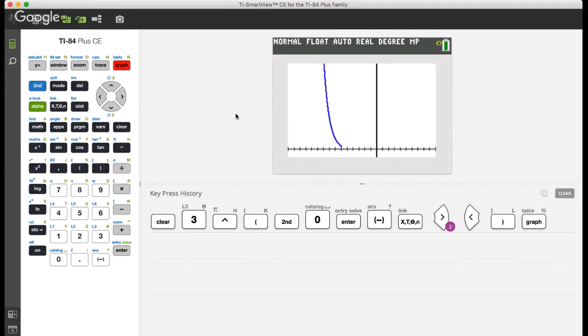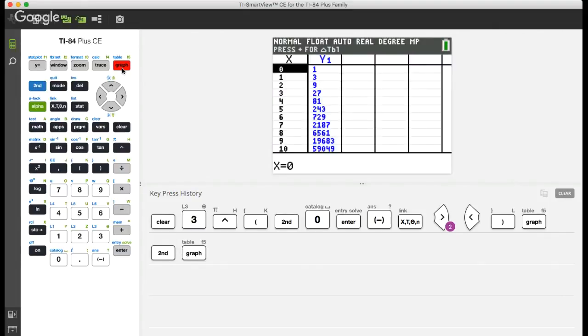Now, here's what I wanted to show you, just so that we're all clear. When we graph it, it will look something like this. To graph it yourself, you can also go to your table, and you can have the table of values that are there.